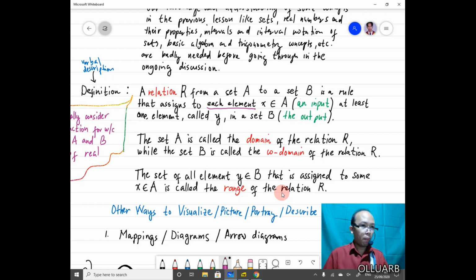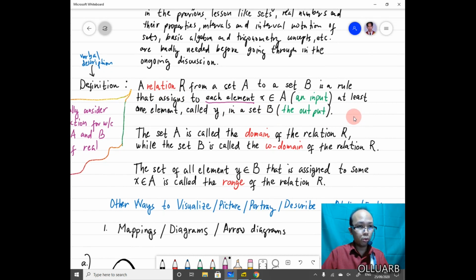So for those students to visualize or describe the relation, it is very helpful to have a picture or a portrait of the definition of relation.